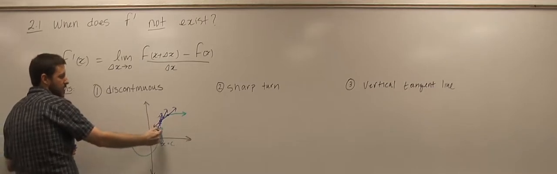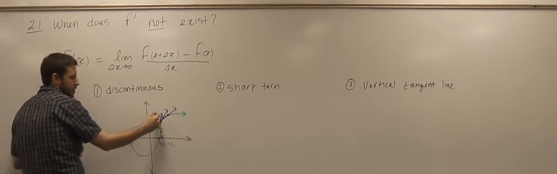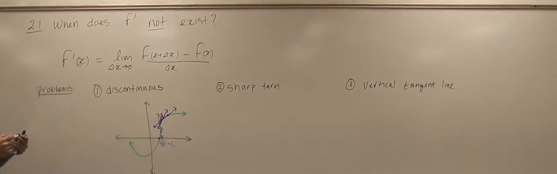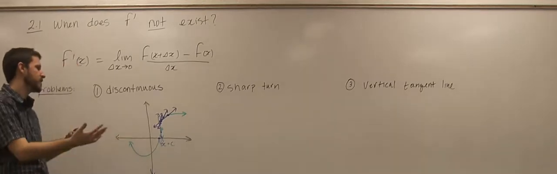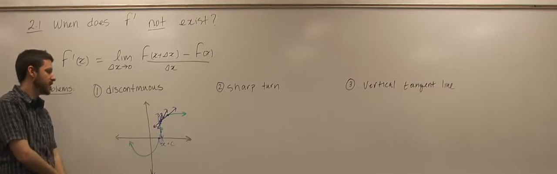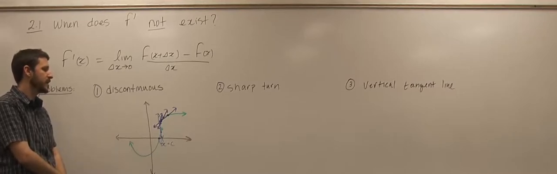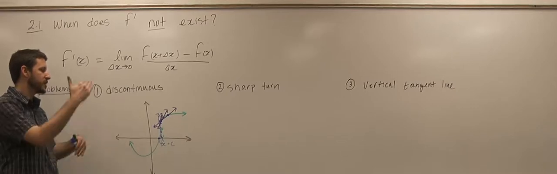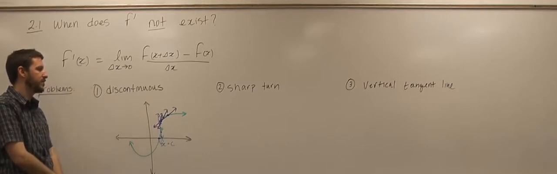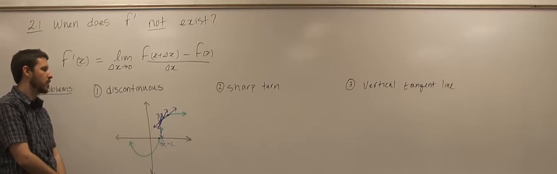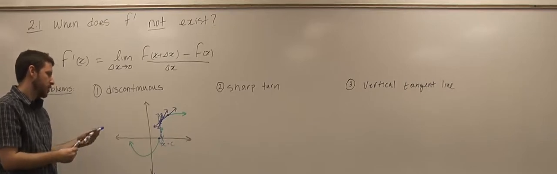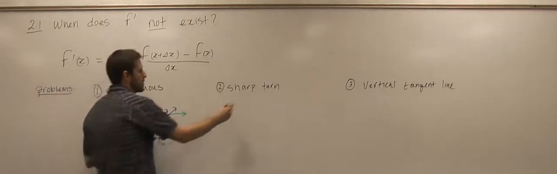Because of the discontinuity, the secant lines are never going to match up. So the problem with the discontinuity is that on the left and right, you're going to get different slopes of tangent lines, because you have drastically different y values on the left and right. It's actually the same problem with a sharp turn.